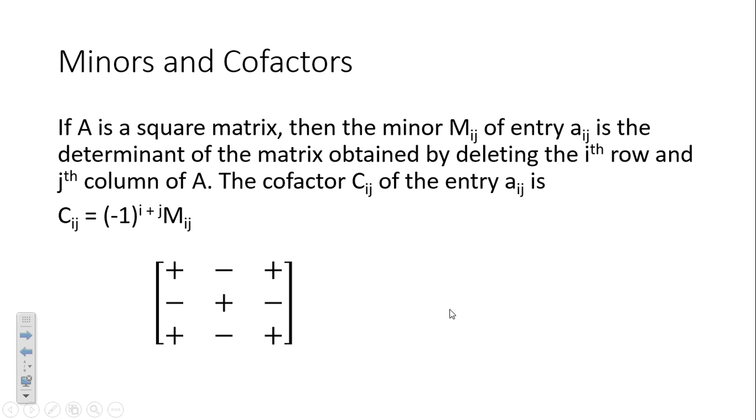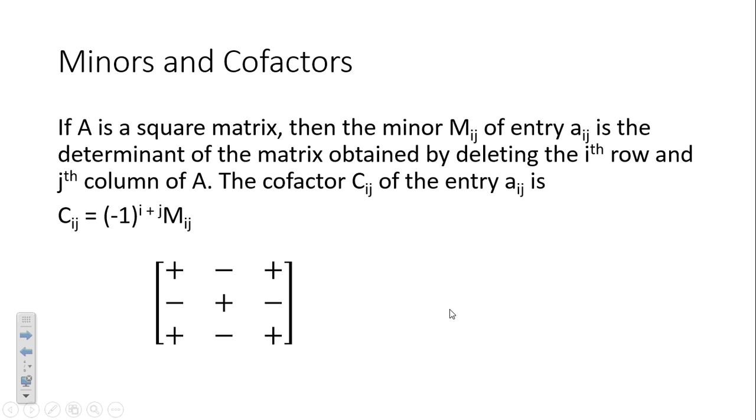So the minor of row I, column J, is the determinant of the matrix obtained by deleting the ith row and the jth column of matrix A. And the cofactor of entry A sub IJ is equal to -1 to the row plus column number times the minor M of I comma J. Okay, it looks difficult. We'll practice it and we'll make it make sense.